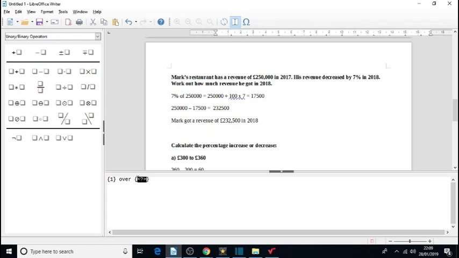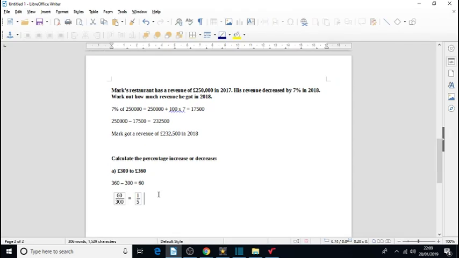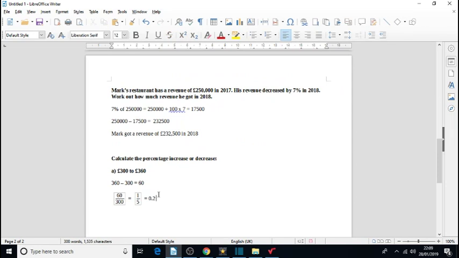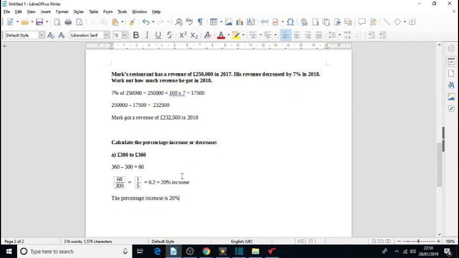And 1/5 is the same as writing 0.2. So 0.2 is the increase, and a 0.2 increase is the same as a 20% increase. So therefore, the percentage increase is 20%. Now you've calculated the percentage increase from £300 to £360.